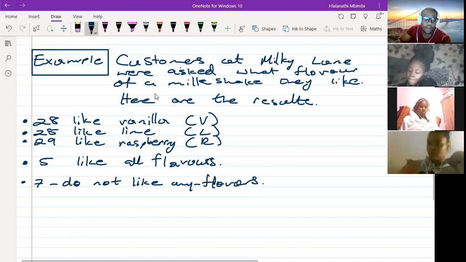And then we had 11 that like lime and vanilla.